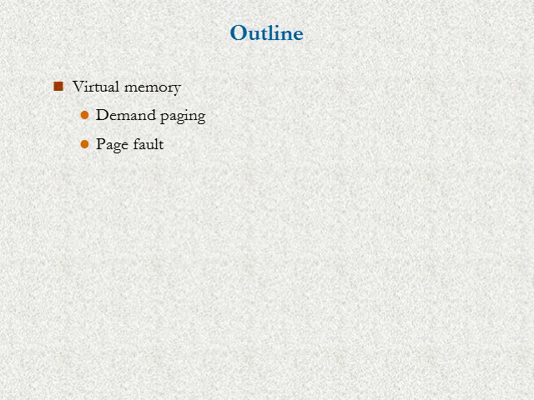And once some of those pages or partitions of a process are no longer required, we can offload them from the main memory and use that space for some other processes or maybe some other pages. So in today's class, we will look into this dimension. So will that be possible?